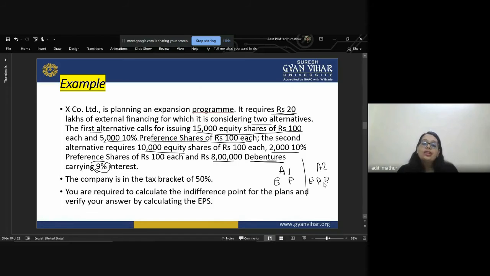So this is how you will actually know that at this point your EPS will be the same. So we have to calculate that point at which, if the company goes with alternative A or B, your EBIT will be the same so that your EPS will be equal.